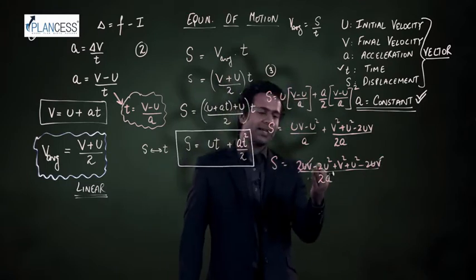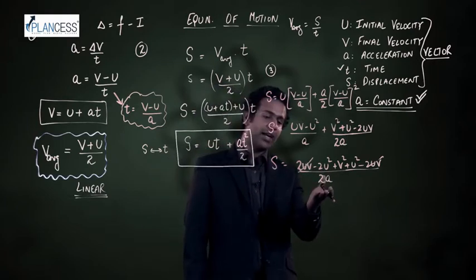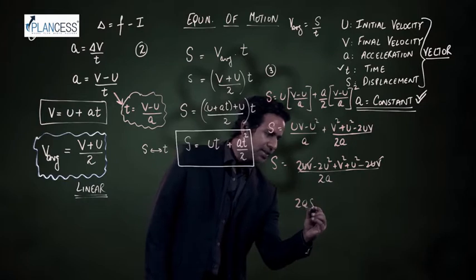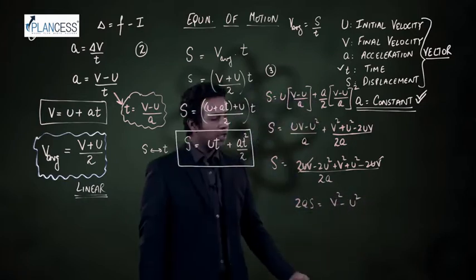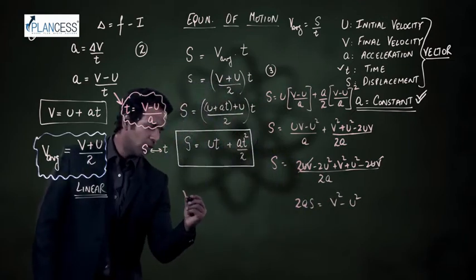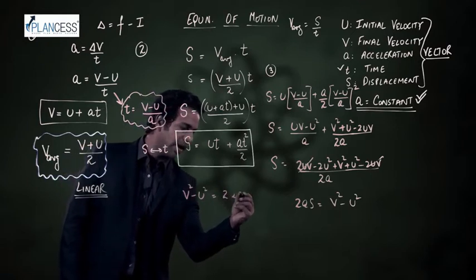One of the u square cancels with minus 2u square. Additionally, if I take 2a to the left hand side, I see that 2as is equal to v square minus u square. So this is the third equation, which is often written as v square minus u square is equal to 2as.